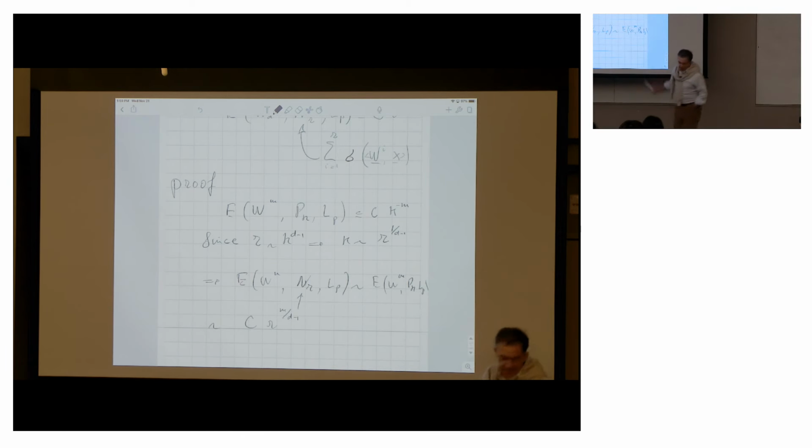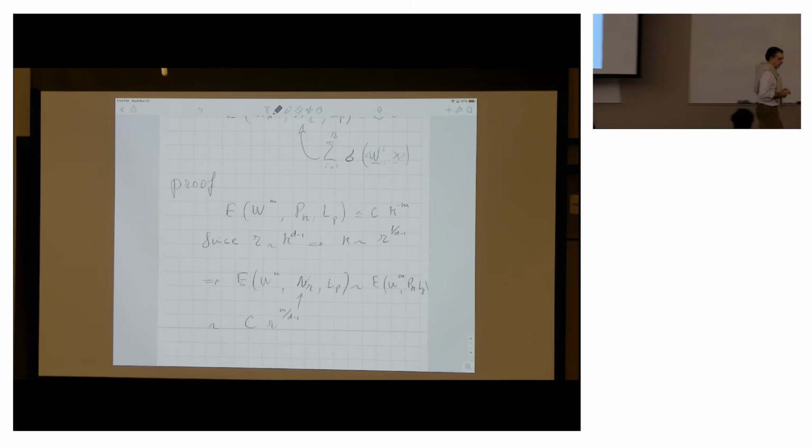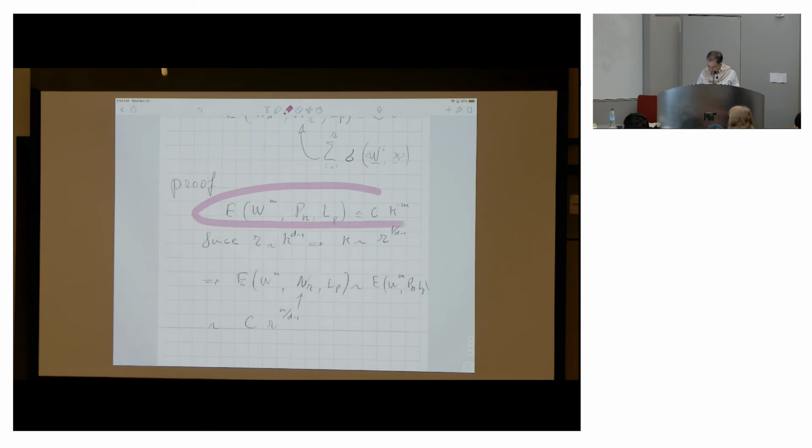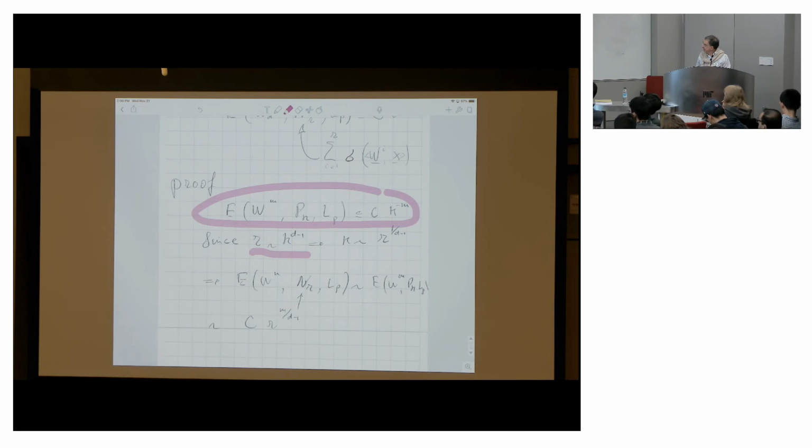So this one is known from the theory of Sobolev functions. This I computed before in terms of the order, how many units I need, and then I just replace.